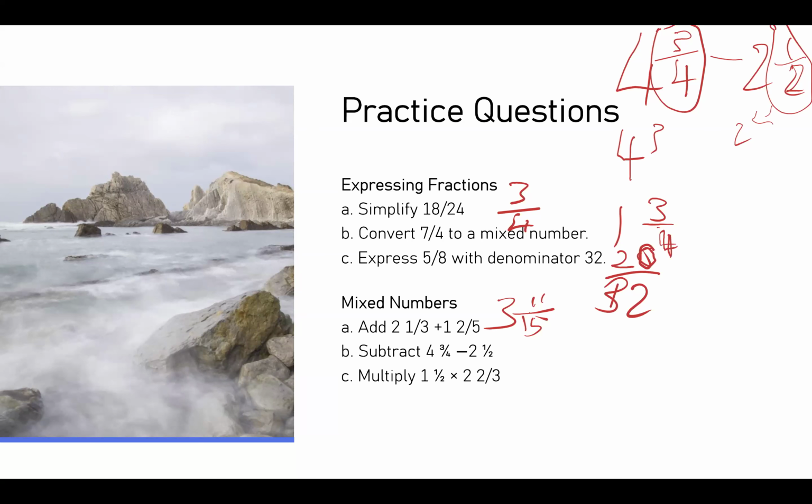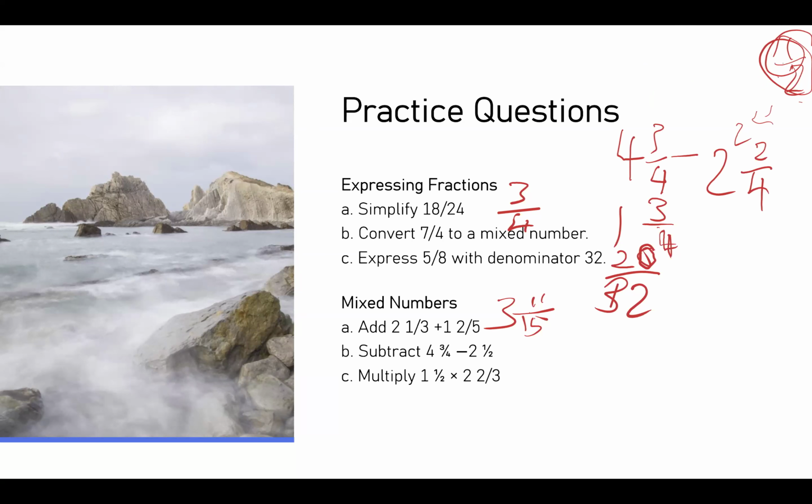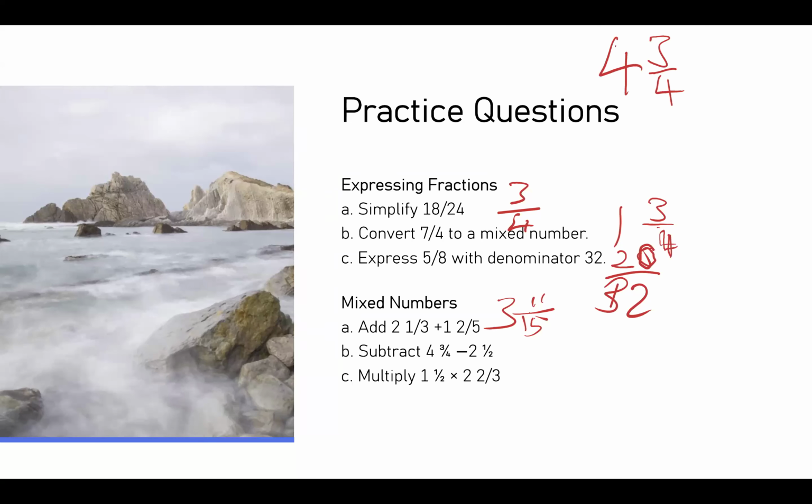So it would be 4 3/4 take away 2 2/4, because all we've done is multiply this by 2. So 4 3/4 take away 2 2/4. All we do is the minusing. Well, 4 take away 2.